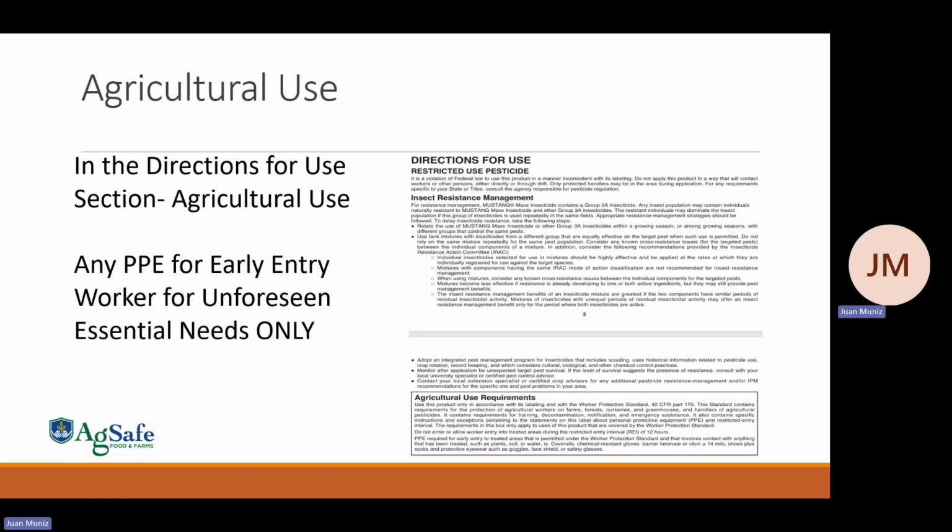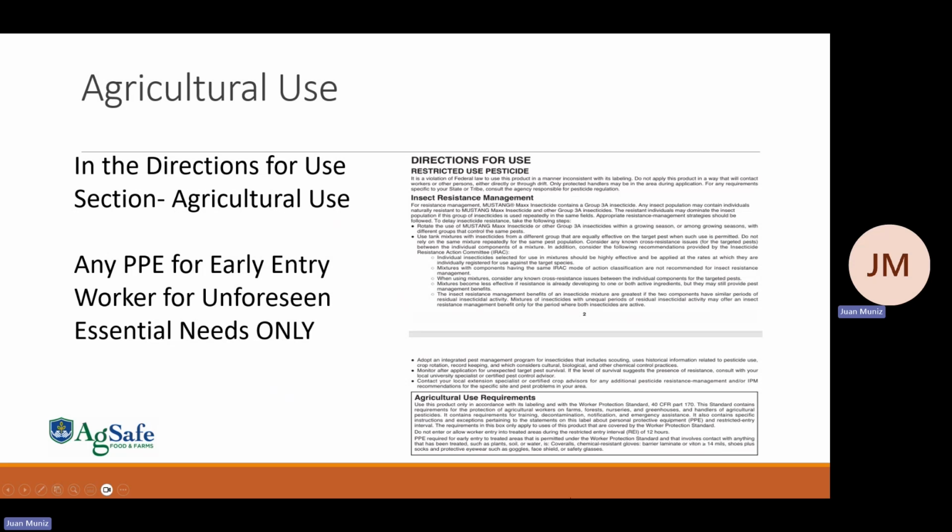That would be unforeseen and essential to protecting that commodity. The second would be an outbreak of some sort of infestation, and maybe needing to go in there with your scout or the PCA to determine how to mitigate that infestation.